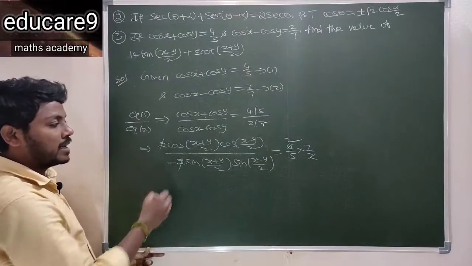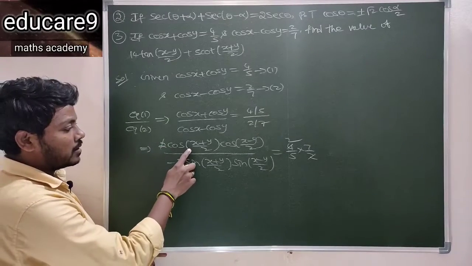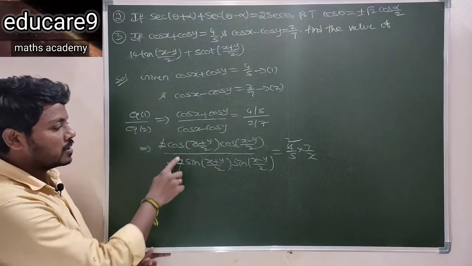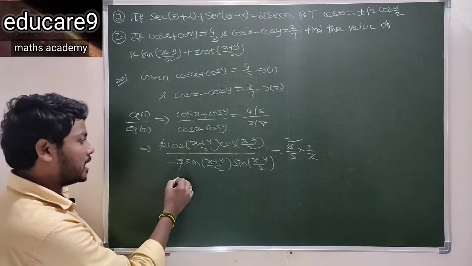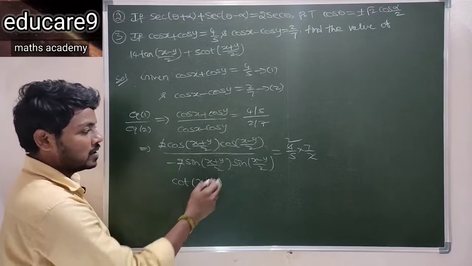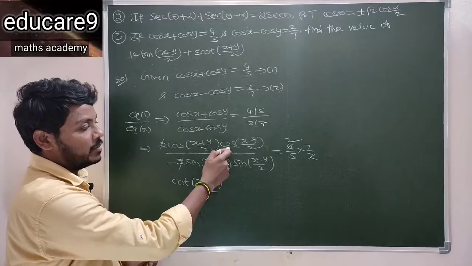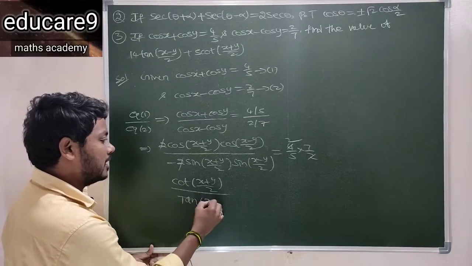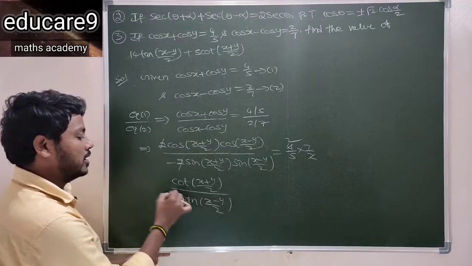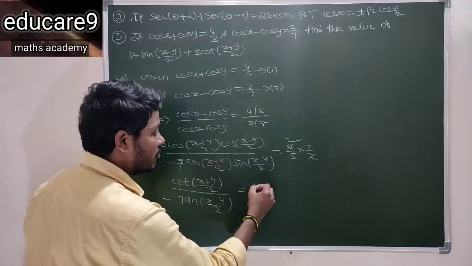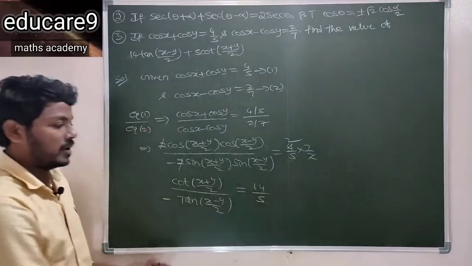Now here 2 get cancelled. See here. So cos by sin is what? Cot. Cot (x+y)/2. So this can be written as sin by cos, that is divided by tan (x-y)/2. Here minus is there. So this is equal to 14 by 5.